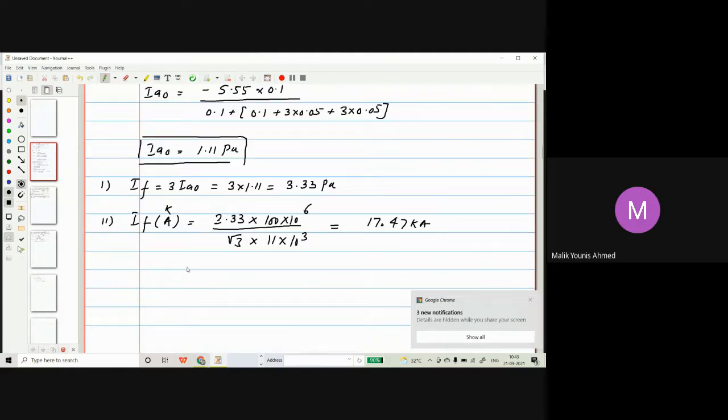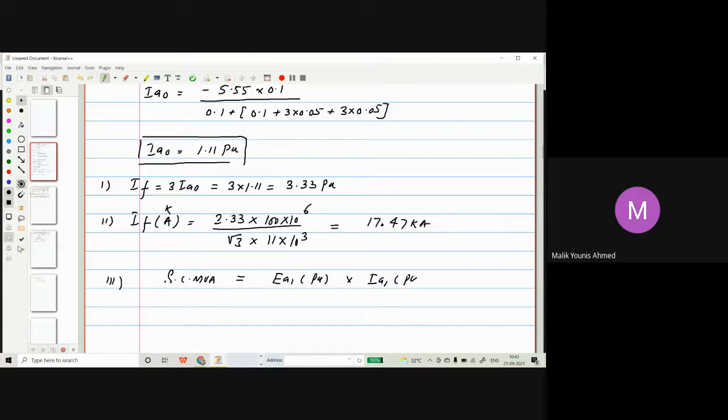Okay, next is short circuit MVA. Short circuit MVA in this case will be EA1 in per unit multiplied by IA1 in per unit. You can use a number of formulas, I have already told you.